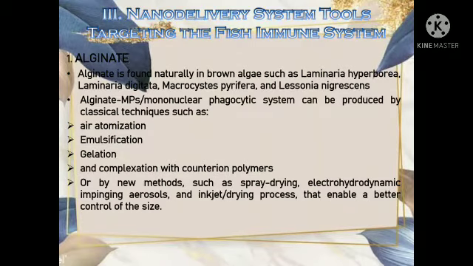Alginate microparticles can be produced by classical techniques such as air atomization, emulsification, gelation, and complexation with quaternary polymers, or by new methods such as spray drying, electrohydrodynamic impinging, aerosols, and inkjet or drying process that enable a better control of the size.